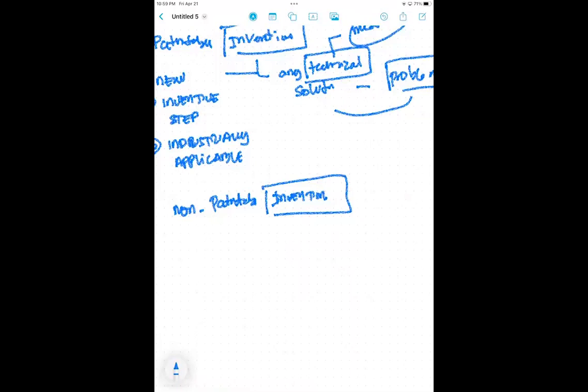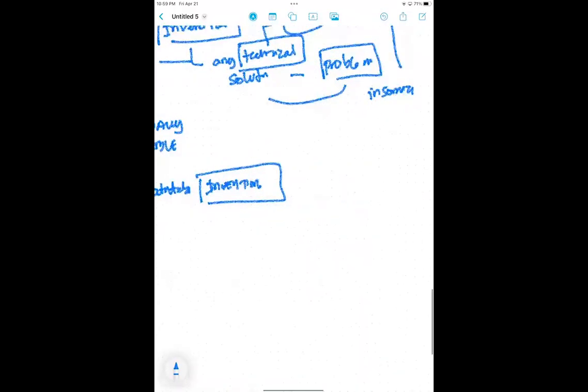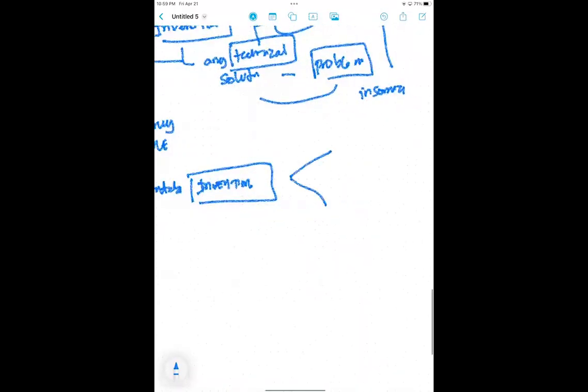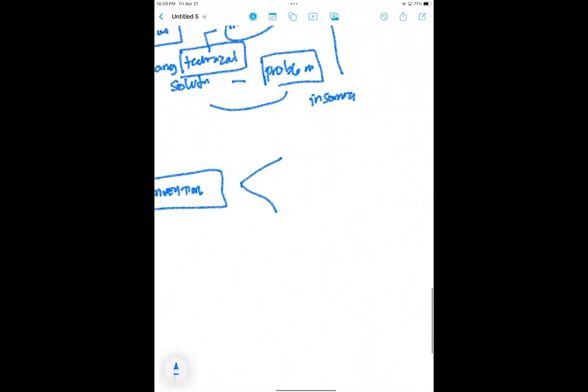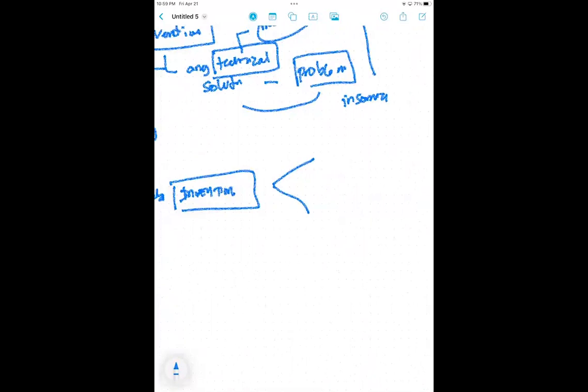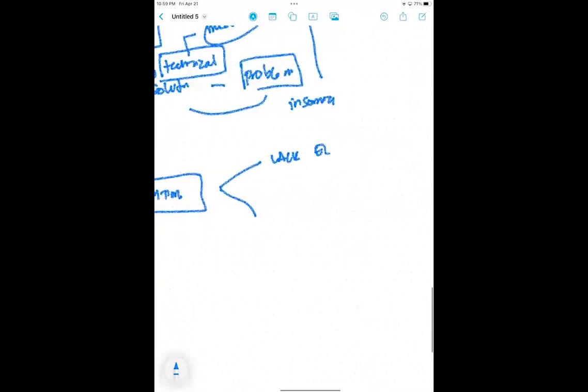Okay, now what are non-patentable inventions? I think this may be classified into two. Number one, those inventions that lack the elements of patentability.